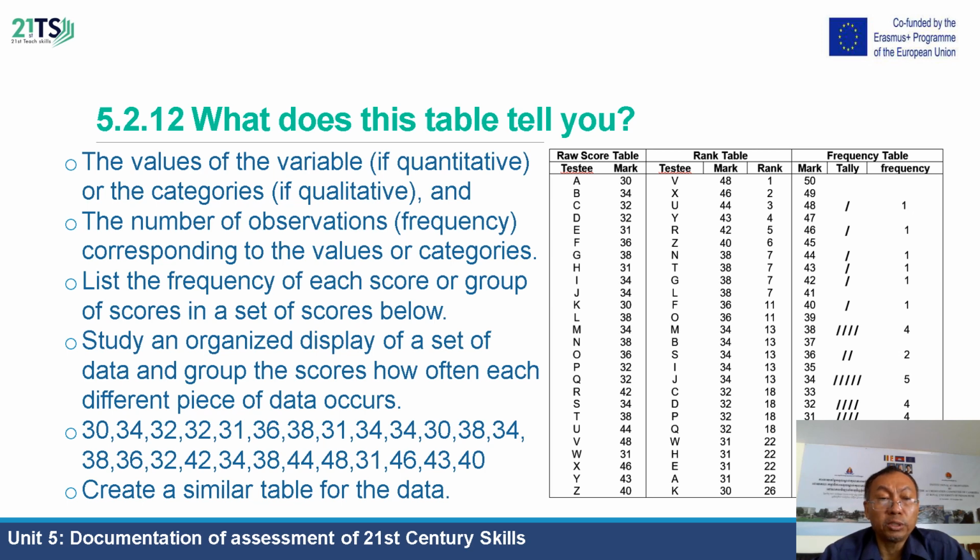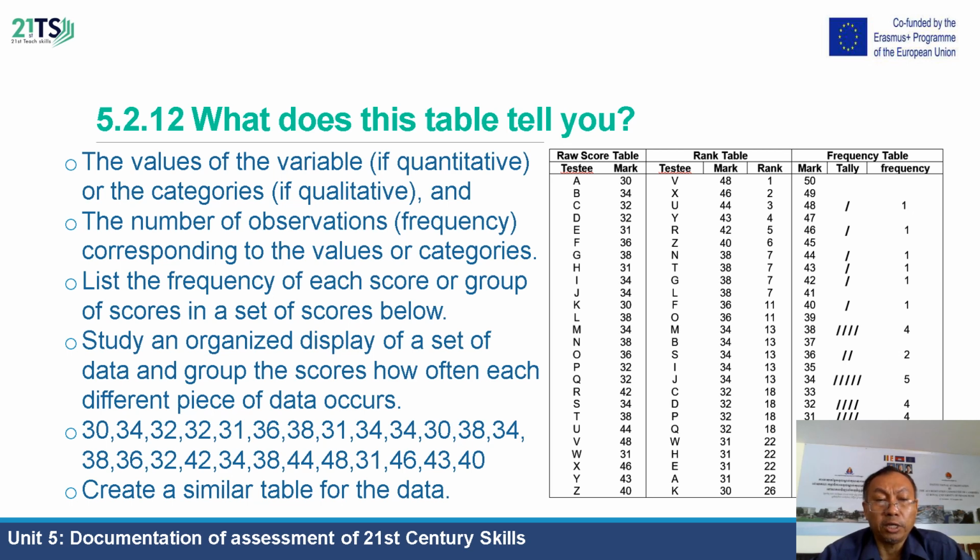Does the table tell you the value of the variables if it is quantitative data, or the categories if it is qualitative? And does the table tell you the number of observations? Are they frequencies corresponding to the values or to the categories?